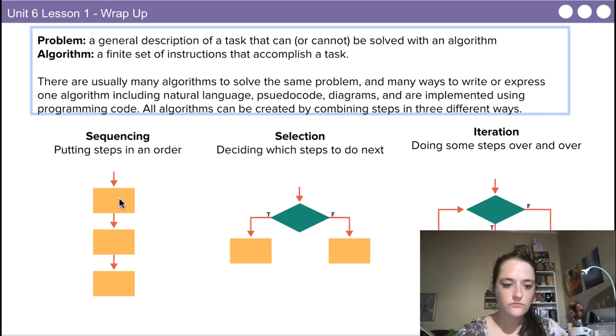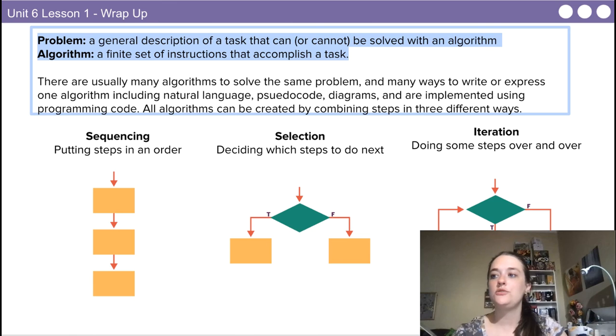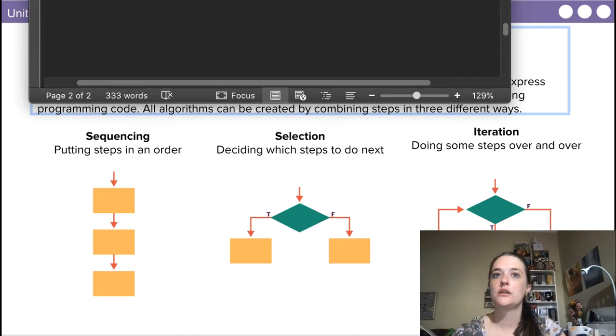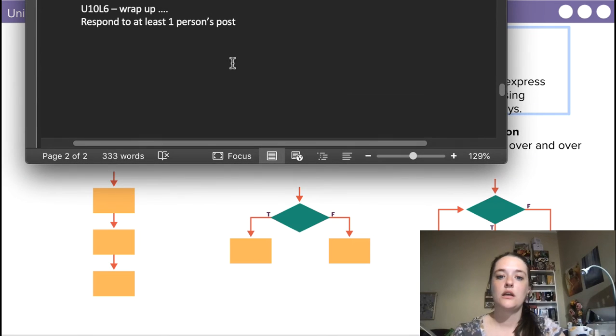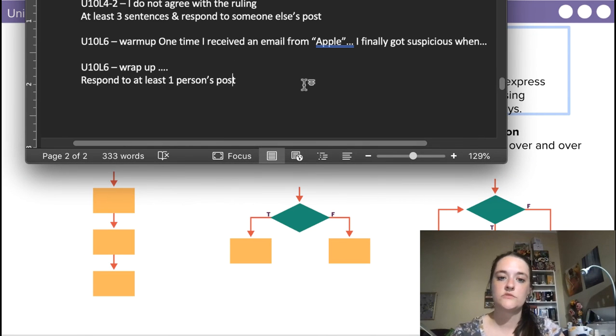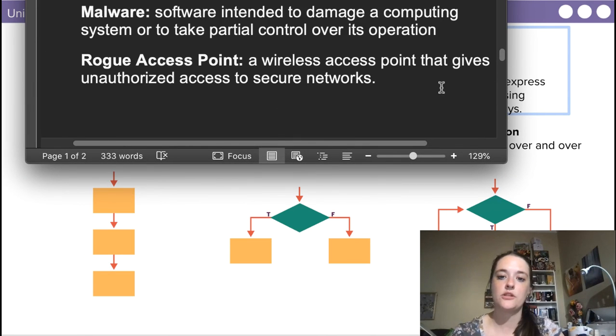All right. So we are going to add these two definitions to our key vocabulary.